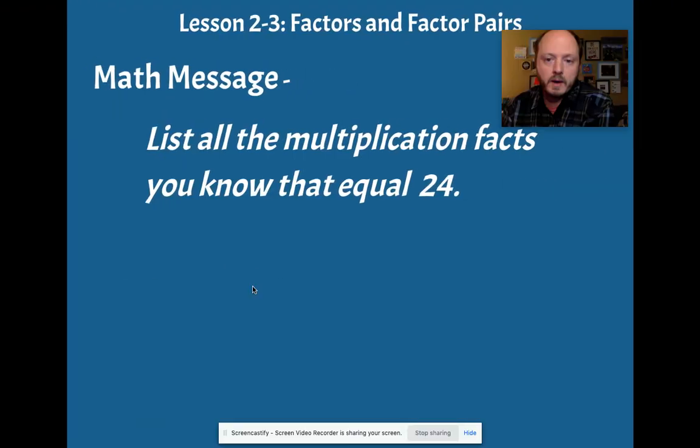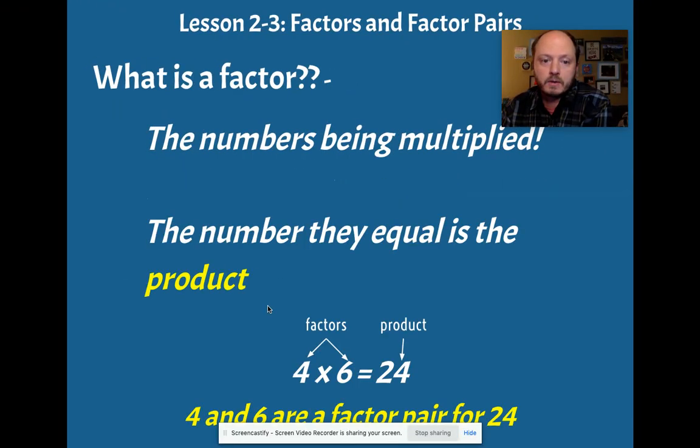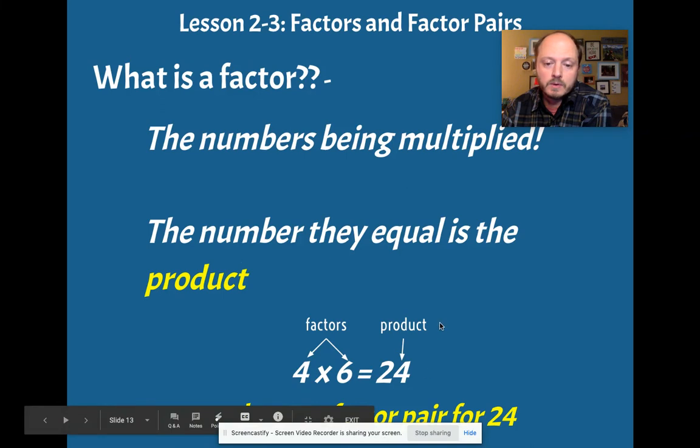So let's go back real quick. We'll talk about what is a factor. Well, a factor is the number being multiplied, or what are factors? They are the numbers being multiplied. Now, the number they equal is the product. So if we can see down here, I'm going to hide this.